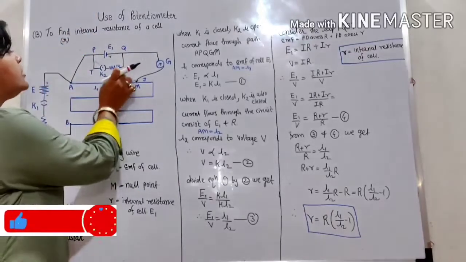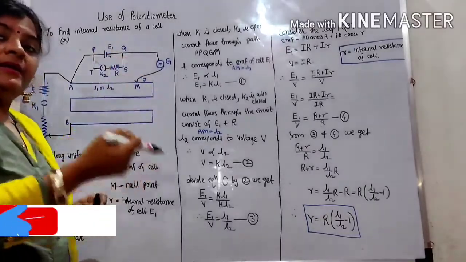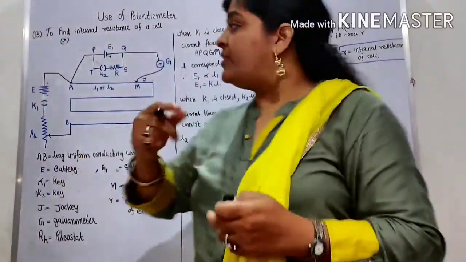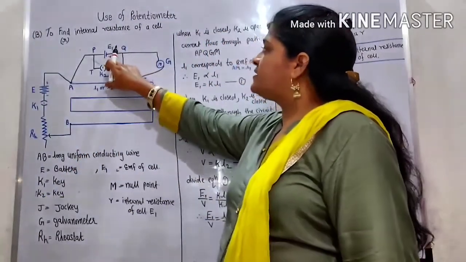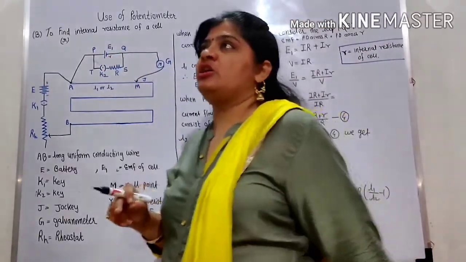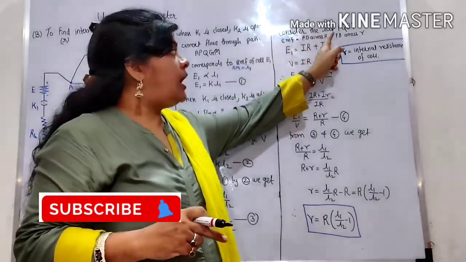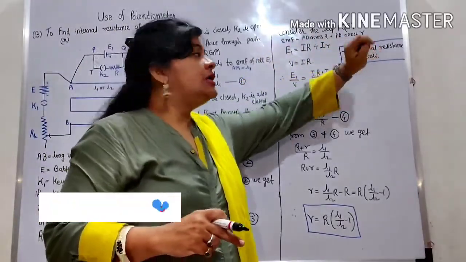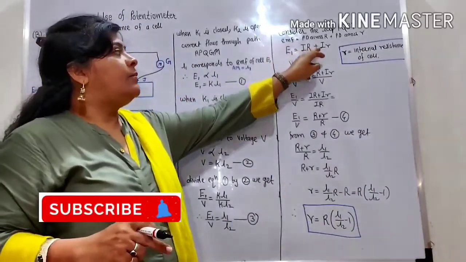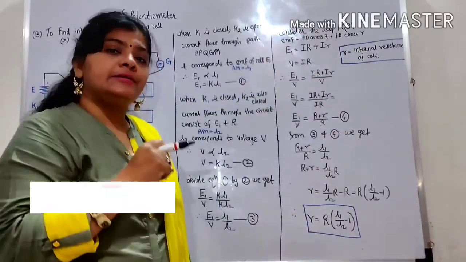The potential difference across R is I into R. Then this cell has an internal resistance, so the potential difference across the internal resistance is I into small r. Then we write the equation: EMF of the cell is equal to the potential difference across R plus the potential difference across small r. Then E1 is equal to I into R plus I into small r, where small r represents the internal resistance of the cell.